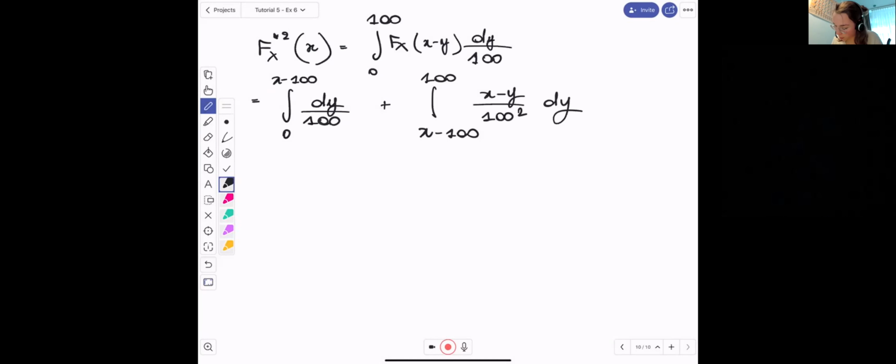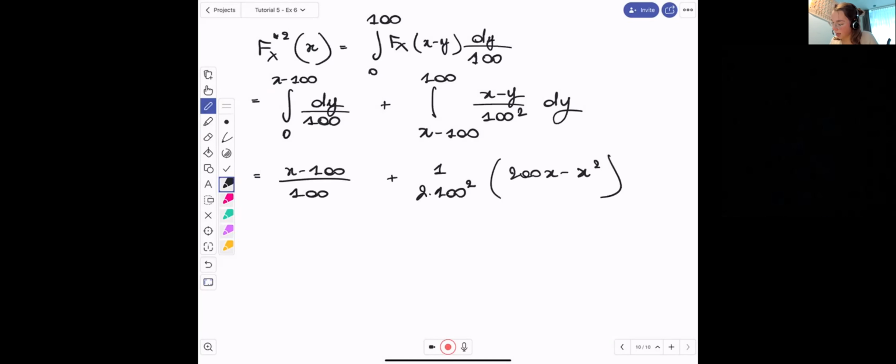I'm going to move a bit forwards because I see time is running out. These integrals are rather easy to solve, I guess. So it's an exercise that you can do, but I will give you the answer. If you calculate this, for the first integral you get x minus 100 divided by 100. And for the second part, you get 1 over 2 times 100 to the power 2 times 200x minus x squared.